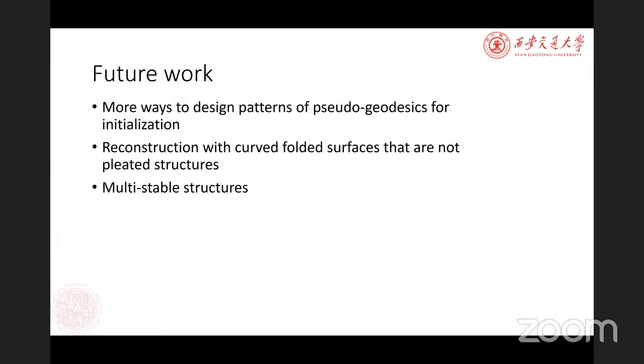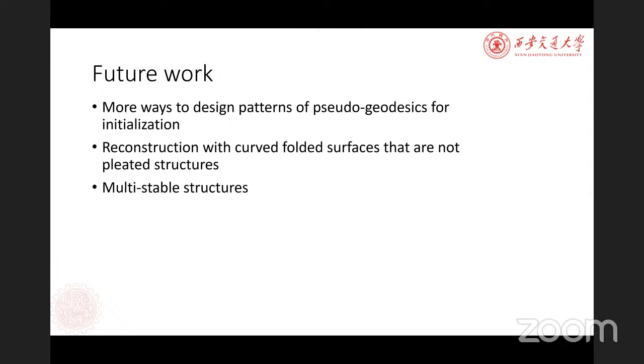For future work, we would like to explore more ways to design patterns or pseudogeodesics for initialization of curved pleated structures. Our current way is to prescribe the guiding curve randomly, but I think there are some better ways to do this.